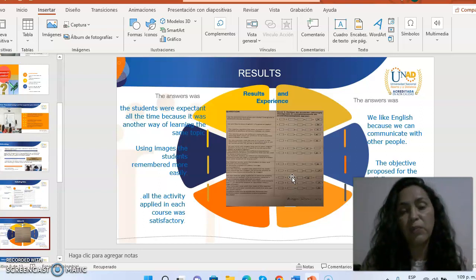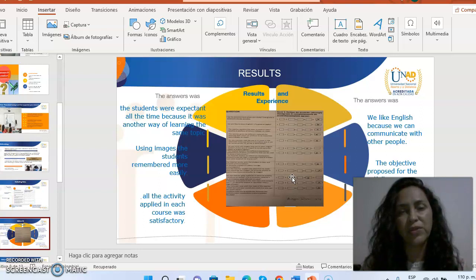For example, if the topic was food, I presented different images about the restaurant, about the dish, something like that. If the topic was free time, what activities they normally do on the weekend, and who they go with to do these activities.